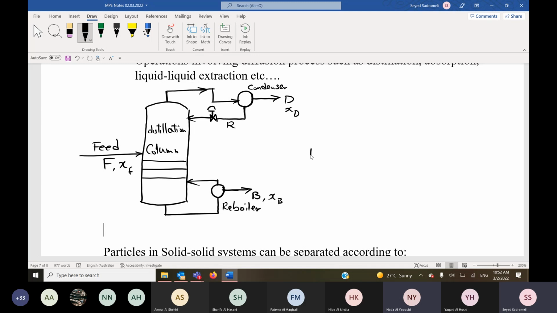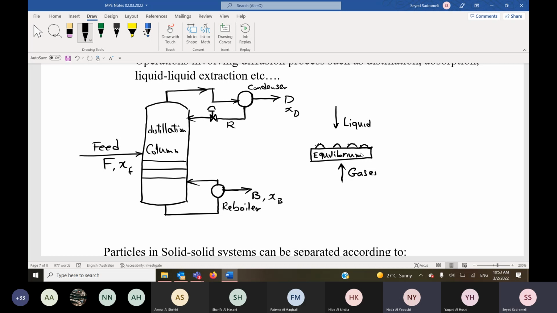Okay, so in each column, in each tray, you have some cups here at the top with holes. So the gases go up, the liquid is coming down, and we have equilibrium on the tray for the separation.